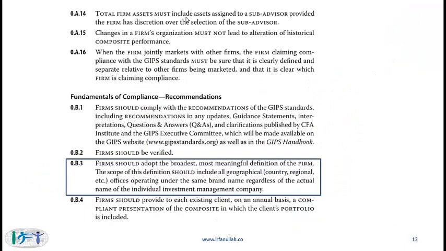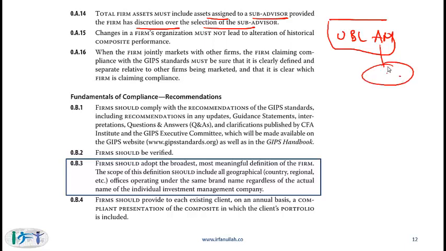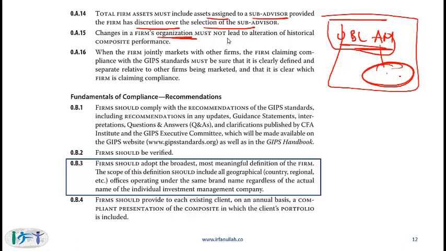Total firm assets must include assets assigned to a sub-advisor, provided the firm has discretion over the selection of the sub-advisor. So let's say our firm is UBL Asset Management and some of the portfolios are managed by a sub-advisor. The assets managed by the sub-advisor also fall within the total assets reported by UBL Asset Management. Changes in a firm's organization must not lead to alteration of historical composite performance.